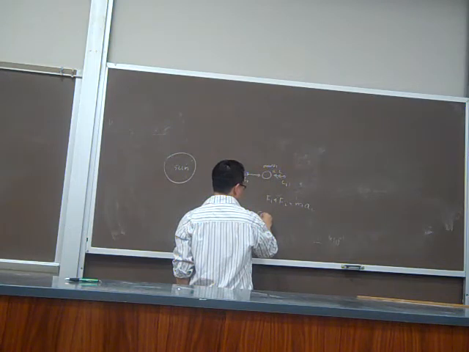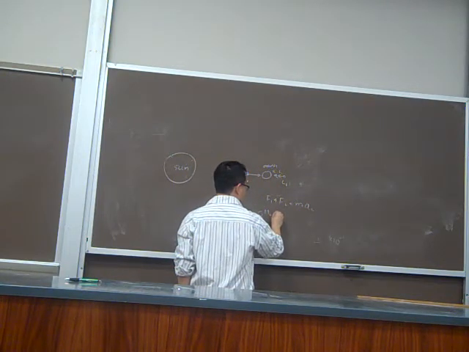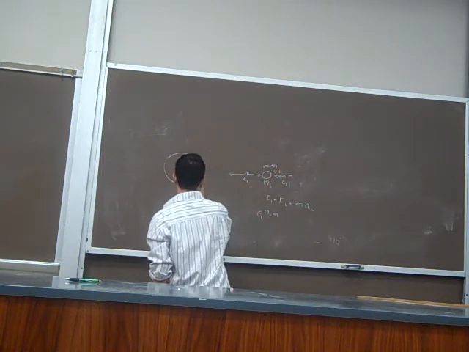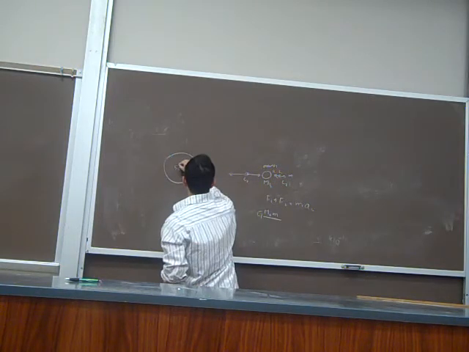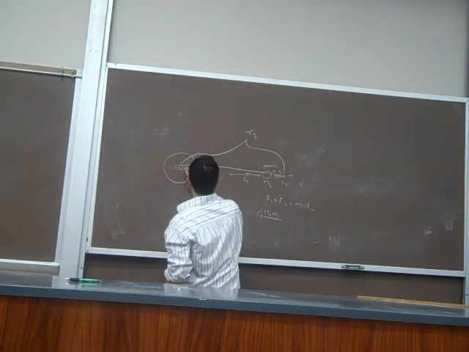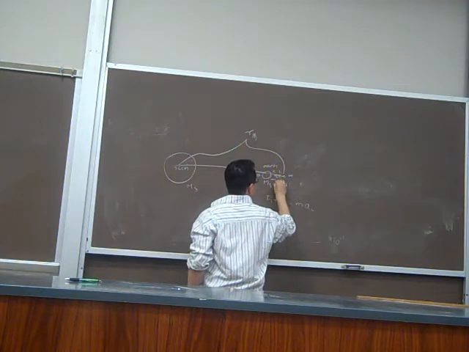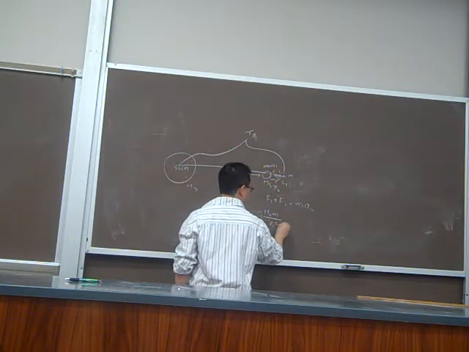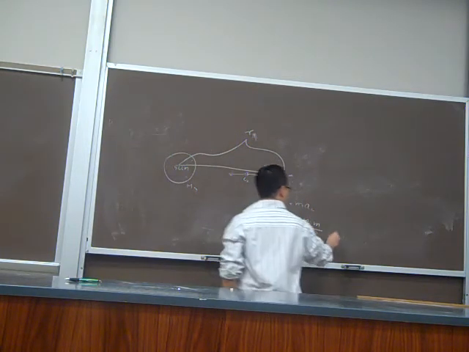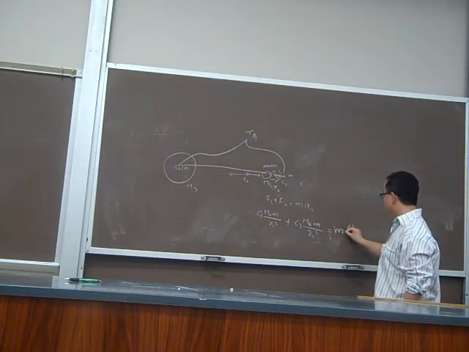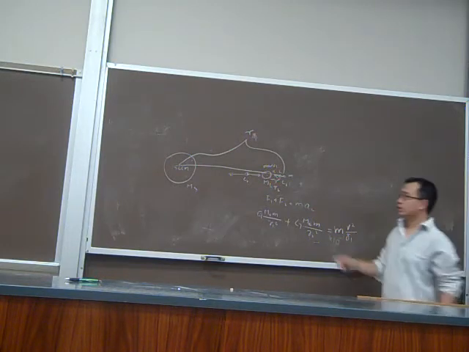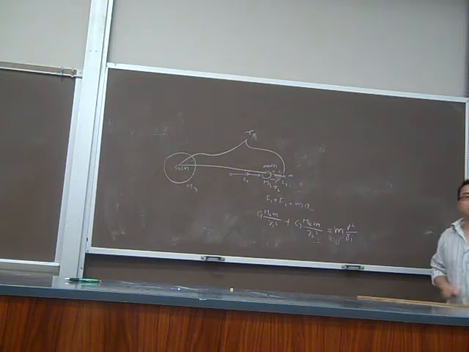And so you get G M_S M, where this M is the mass of the satellite, this is M_E, this is M_S, divided by R1 squared plus R2 squared, and equals m v squared over R1. The rotational radius is R1.